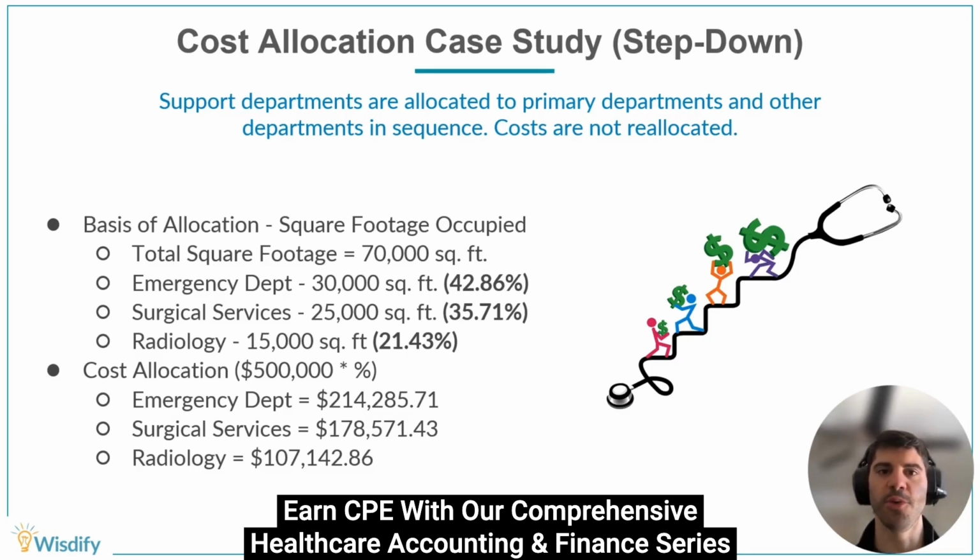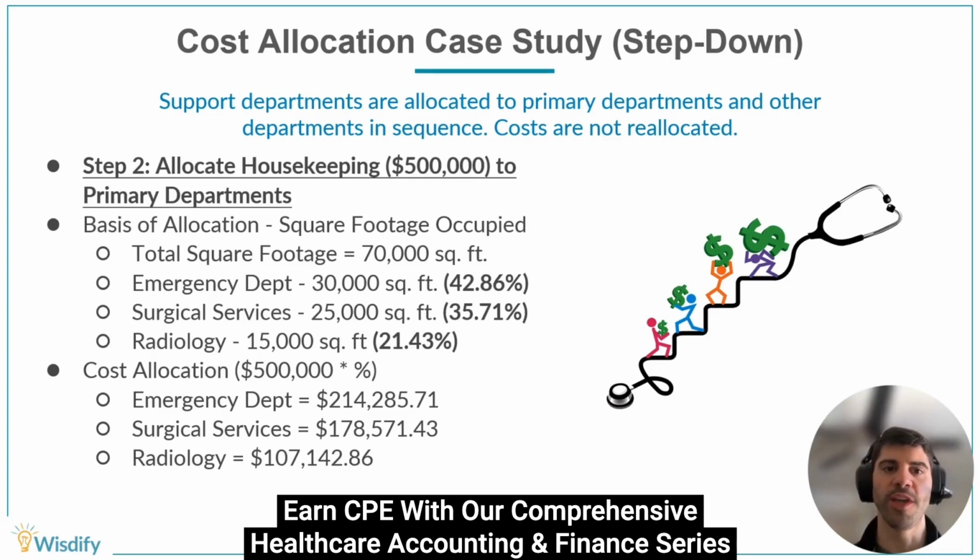Under step two, we're not going to reallocate the costs of the second support department to the first support department. So what we're not going to do is allocate housekeeping to admin, even though we allocated admin to housekeeping in the first step. For the second support department, again, we're only going to allocate the costs to the primary care departments. So again, very important distinction. Make sure that you understand that.